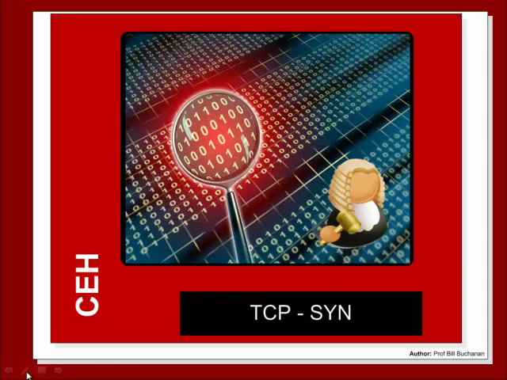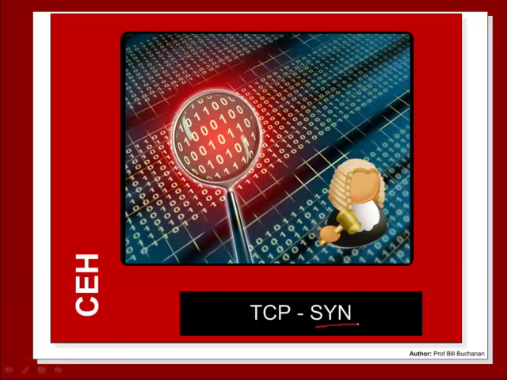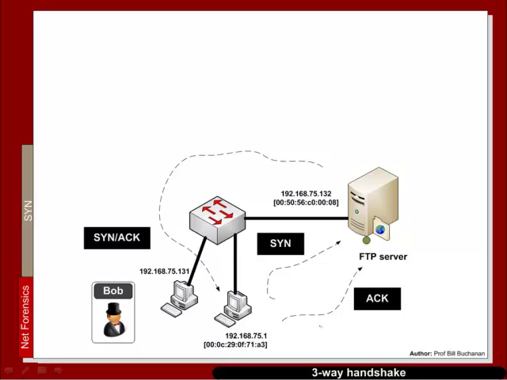TCP is a connection-orientated system, and it uses flags to determine the basic state of the connection. So one of the core flags is the Syn flag. The Syn flag is used to identify that a client wants to connect to a server. So in this case, a Syn flag is sent to the server.